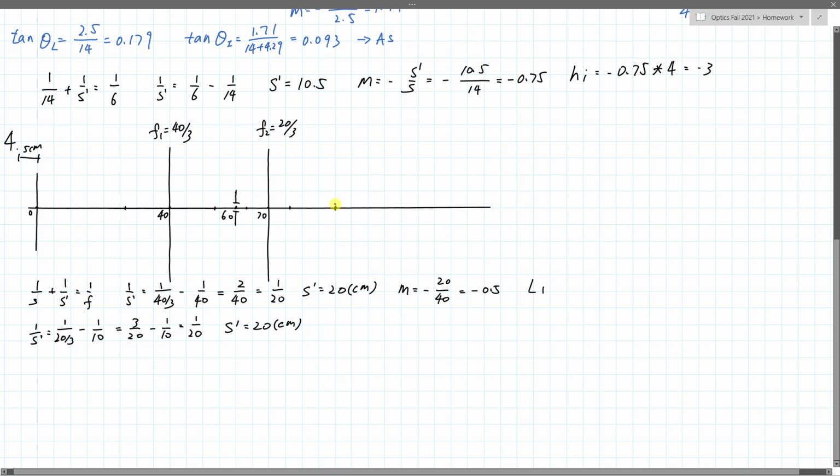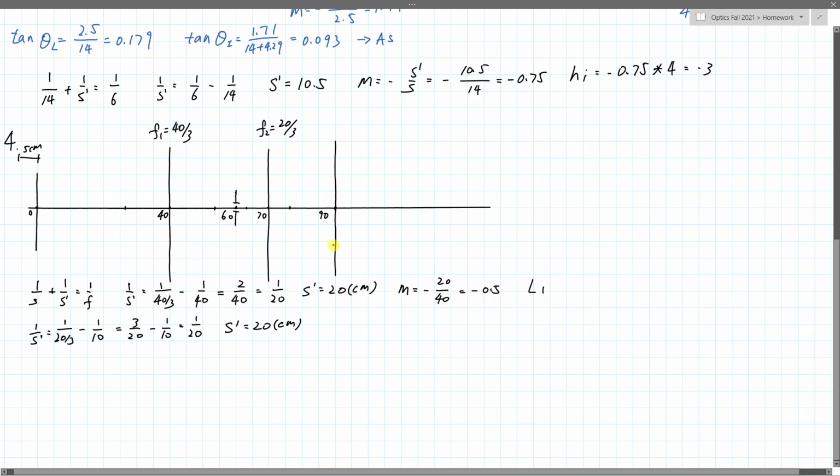So we have determined the image plane to be 20 centimeters, so 90 centimeters from the object. So here's our image plane. All right.